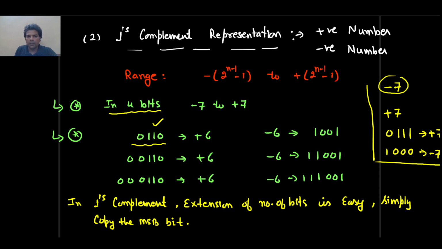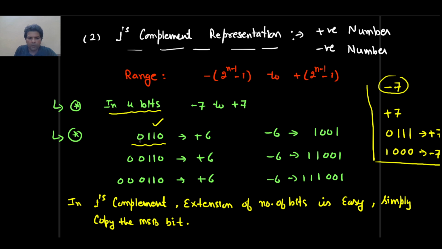Clear? In ones complement, the benefit is that extension of the number of bits is easy. Simply copy the MSB, as opposed to the sign magnitude representation, where extension of the number of bits is difficult. So 0, 1, 1, 0 is plus 6.